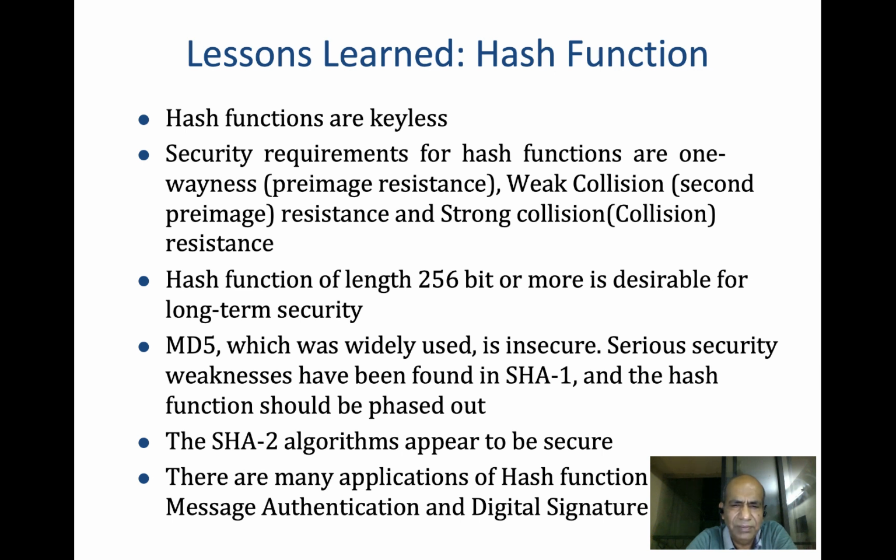MD5 and SHA-1 are very popular, but it is easy to find collisions in them. The SHA-2 algorithm appears to be secure. And we have seen that hash functions can be used for many applications, which include message authentication and digital signatures.